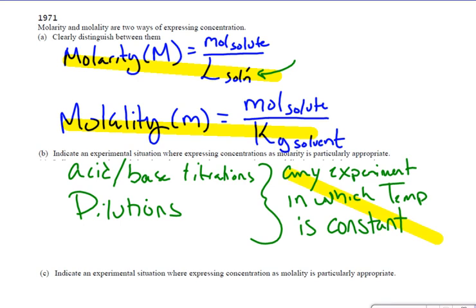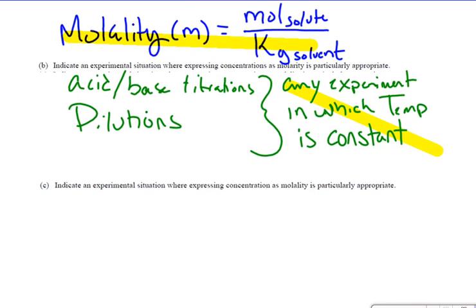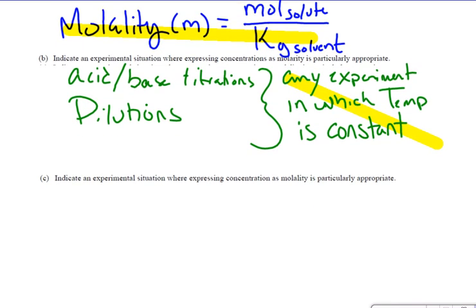All right, so lastly, indicate an experimental situation in which expressing concentrations as molality is particularly appropriate. So for this one, one of the most glaring ones you can think of that we use that lowercase m for would be colligative properties.